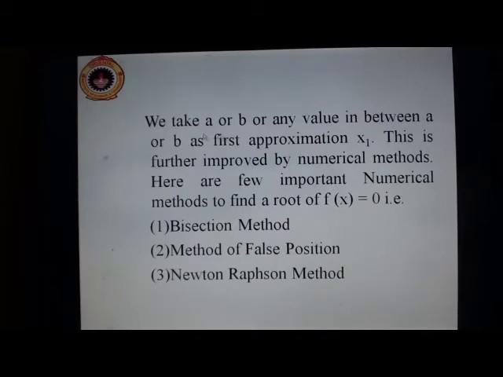We take a or b or any value in between as the first approximation x1. This is further improved by the numerical method. Here are a few important numerical methods to find a root of f(x) = 0: the bisection method, the method of false position, and the Newton-Raphson method.